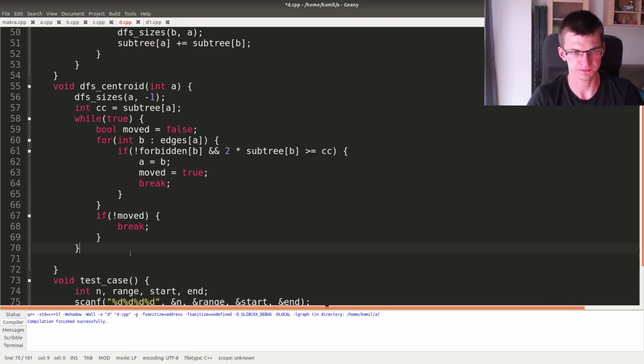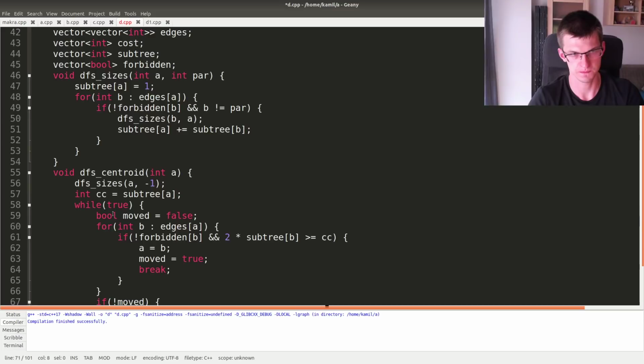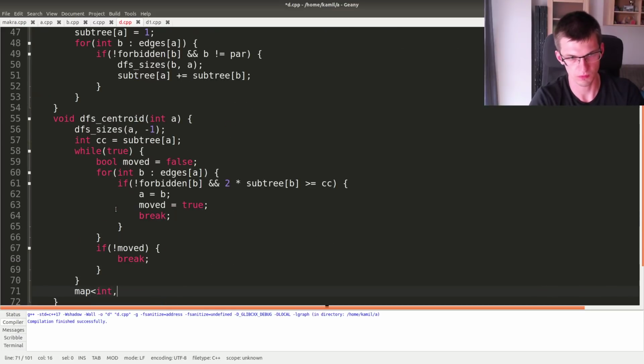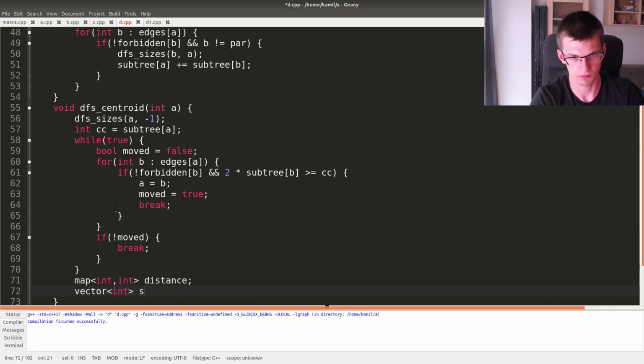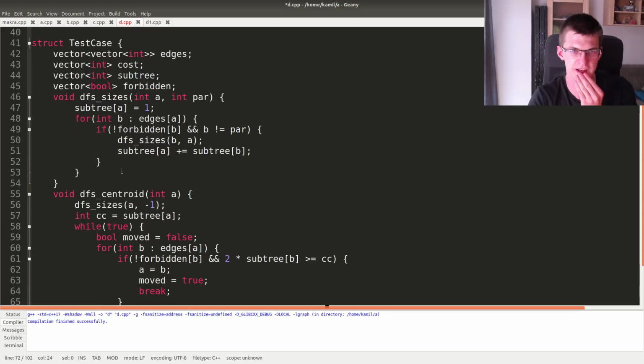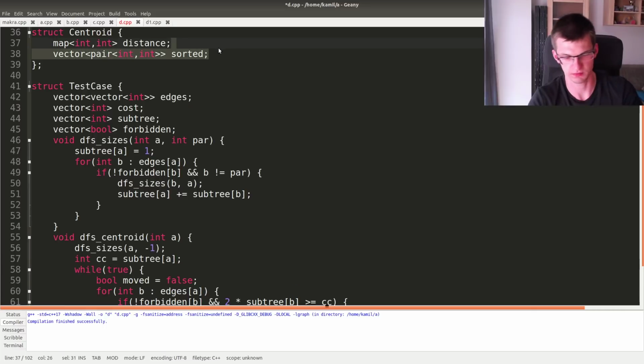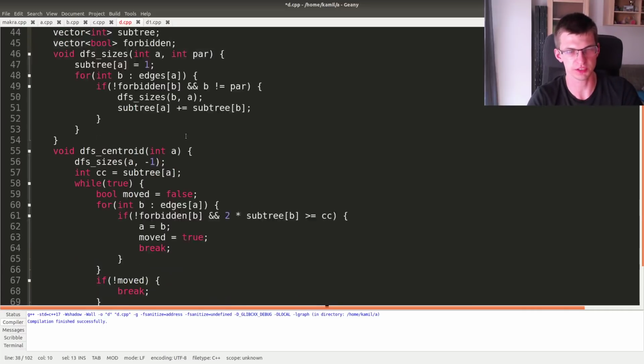Yeah, makes sense. Distance. Let's make a BFS, why not? Actually, BFS creates sorted distance, so I don't need this. No, I mean this will be just an int. Never mind.